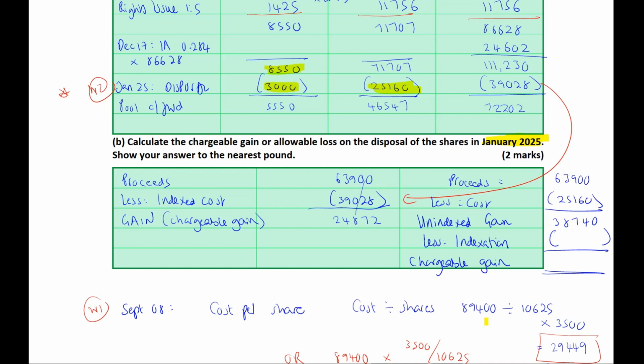So to find the indexation figure, I would take the index cost of 39,028.